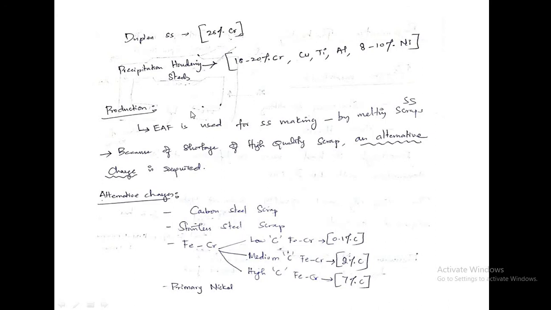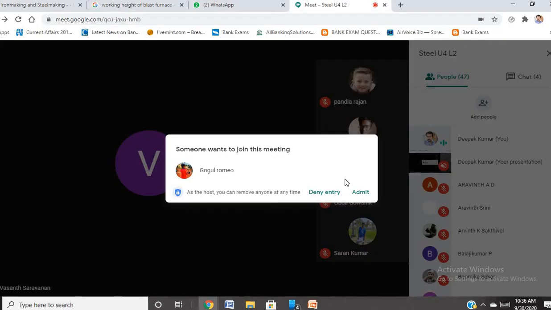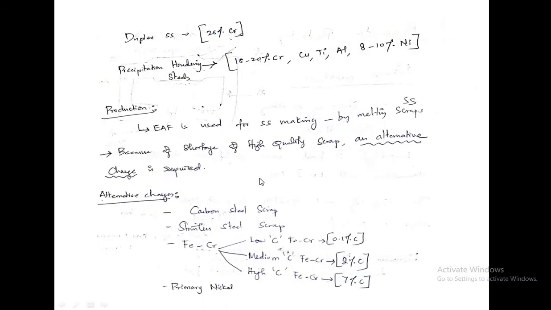In the production of stainless steel, EAF is used, right? The electric arc furnace is mainly used to produce stainless steel, and they consume stainless steel scraps.